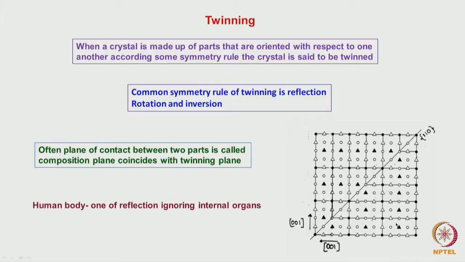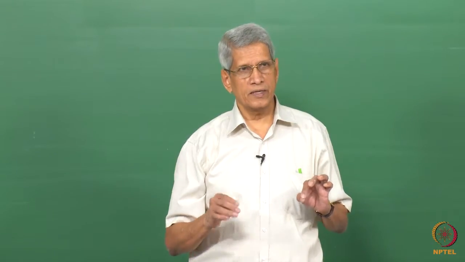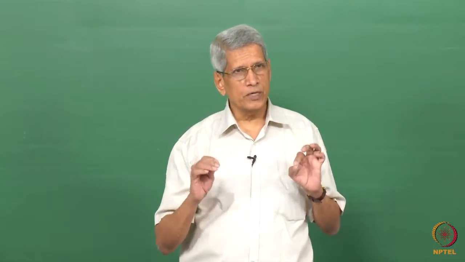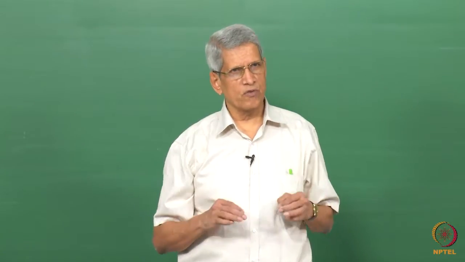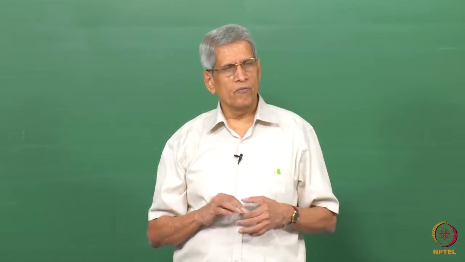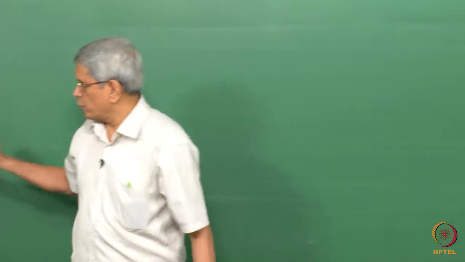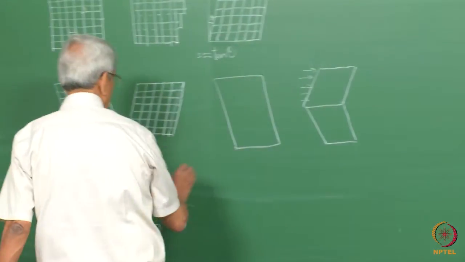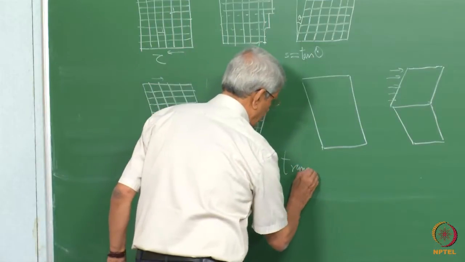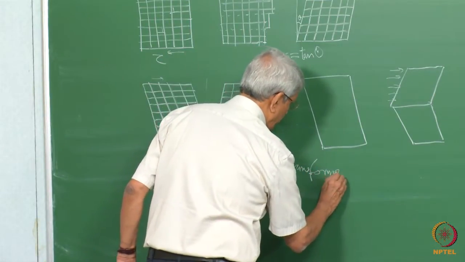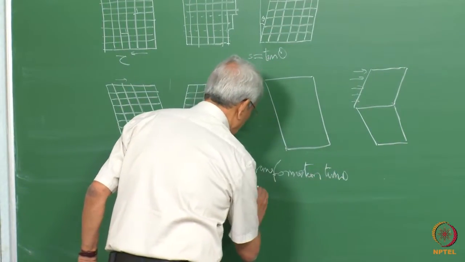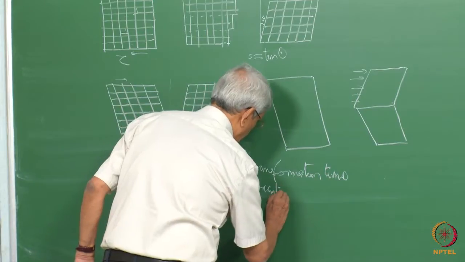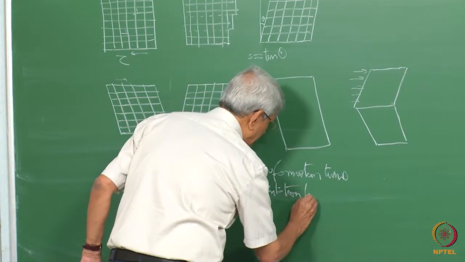So, essentially what we have seen is that there are many ways in which twinning could occur in the material, not only by deformation, but during phase transformation also. The twins which occur due to phase transformation, we call them transformation twins or orientation twins.